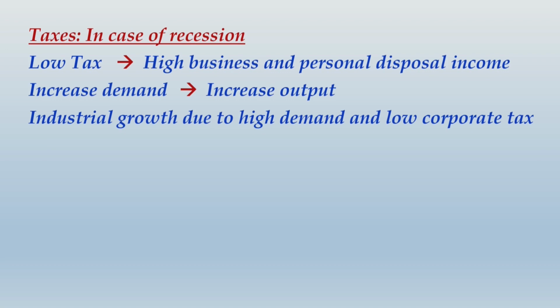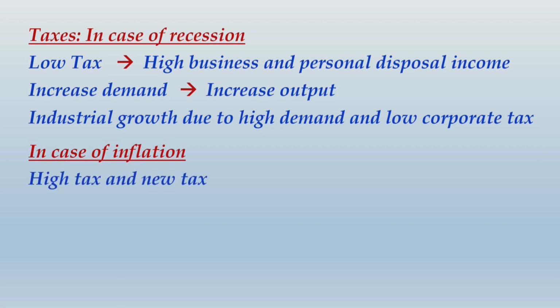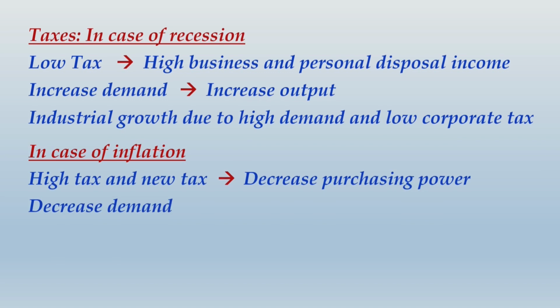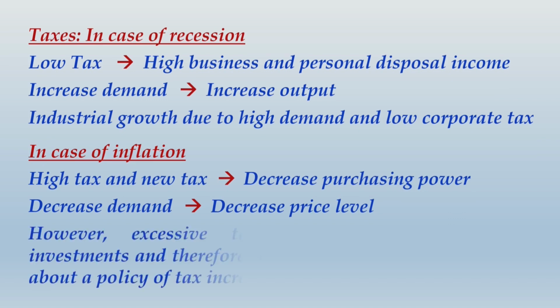And exactly the opposite thing should happen when it is a case of inflation. During inflation, the government will simply increase the rates of tax, so high tax and new taxation will be imposed, which will result in a decrease in purchasing power. Indirectly we can say reduction in personal disposable income, and this will result in decrease in demand, and this will eventually result in decrease in price level, which will be a counteraction over inflation.